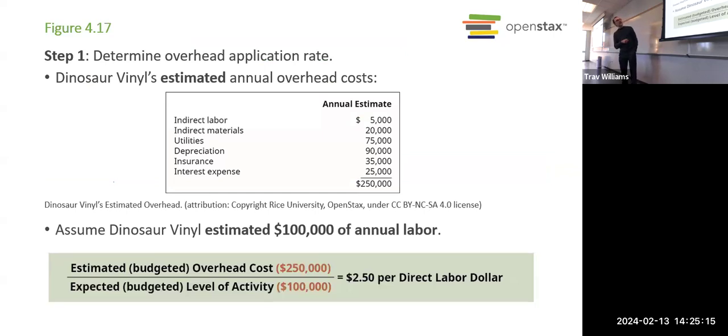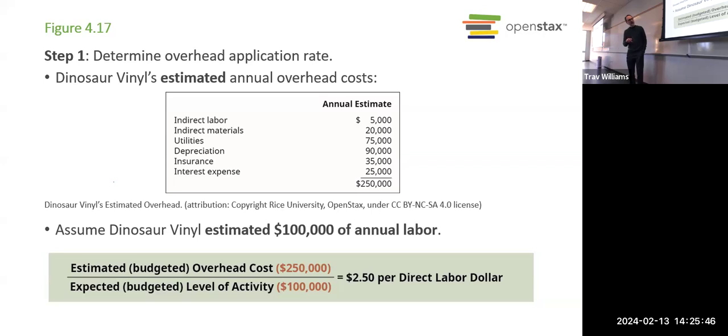So let's look at this process. This is how this company calculated their estimated overhead. They broke it down into all these different categories that are all part of the manufacturing overhead costs. And they added them all together and came up with $250,000 as their estimated overhead for the year. They also estimated $100,000 of labor costs.